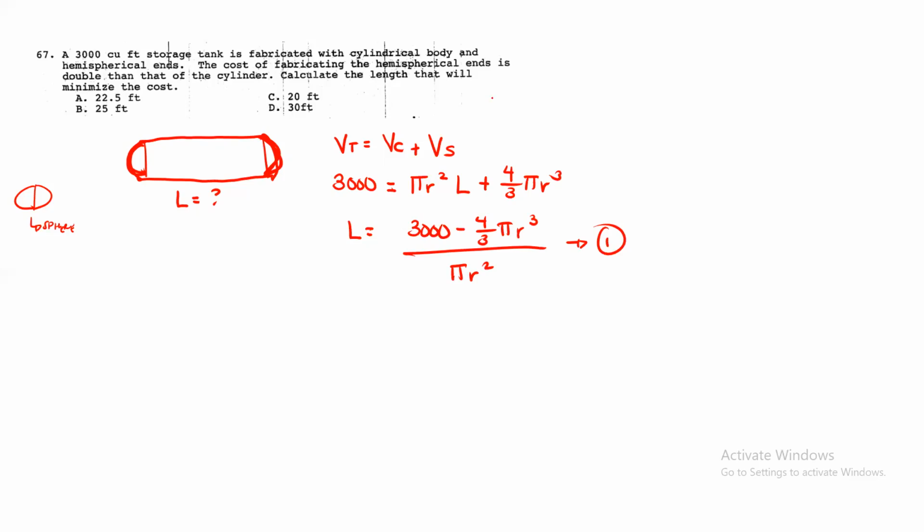Then, doon tayo tumingin sa surface area. Kasi sabi niya, the cost of fabricating the hemispherical ends is double than that of the cylinder. So, double than that of the cylinder. So, hindi rin niya sinabi yung cost, no?